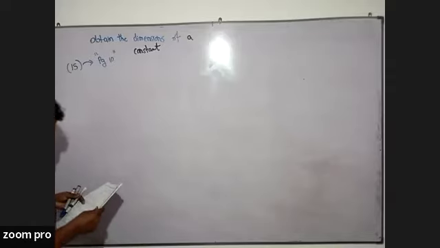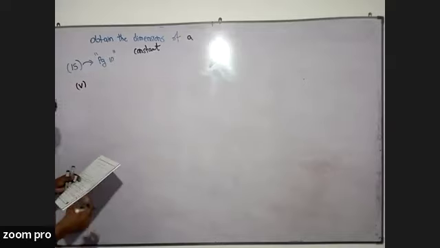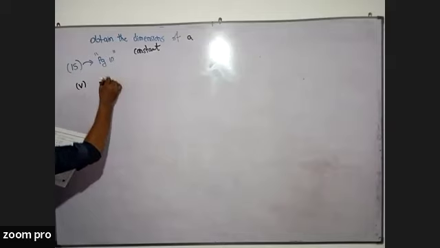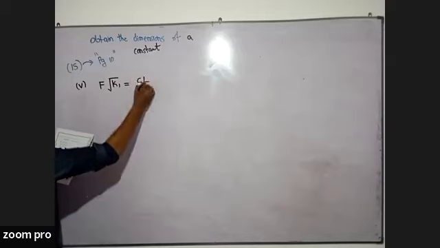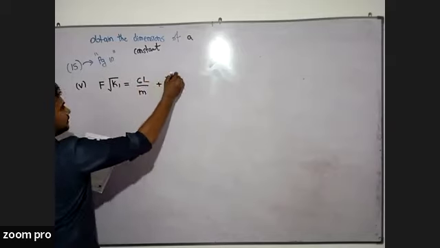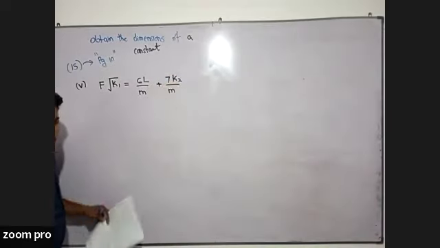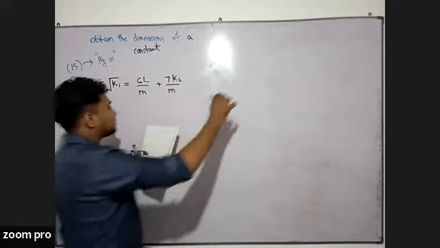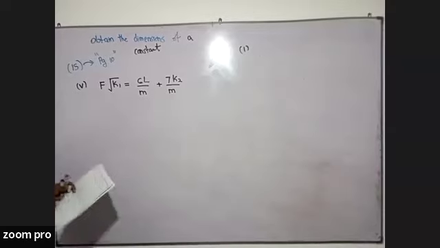Right. So let's go through the answer for the fifth one, fifth common number. So in this equation, they have given that root K1 equals 6L over M plus 7K2 over M. The students who have completed the fifth one, just move on to the first one, Roman number 1, right?